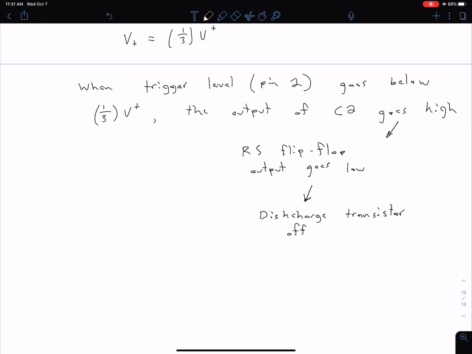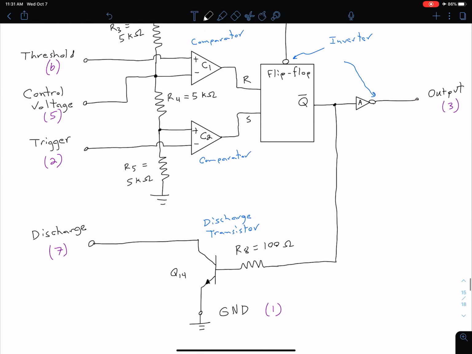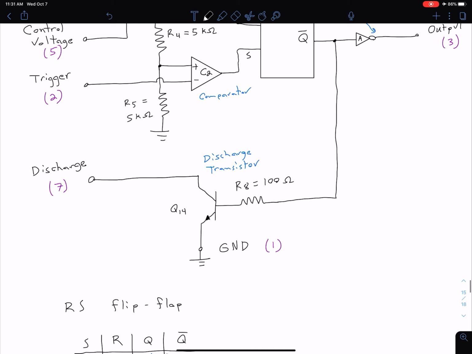So if we scroll back up here, if we have some external capacitor connected to our discharge pin, when this transistor is turned off, it no longer has a path to ground, it can't discharge, so it begins charging up.